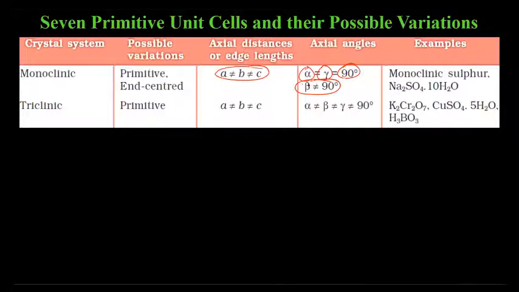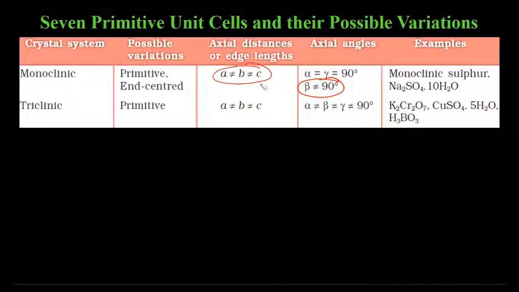So it's again easy. Why is it easy? Because you just need to remember one thing. Beta is not equal to 90 degrees. It means alpha and gamma are 90 degrees, and those are equal. So that itself gives you a hint that alpha and gamma will be 90 degrees and none here.